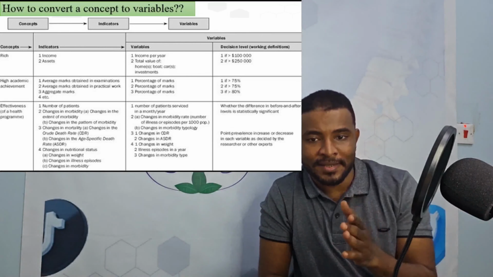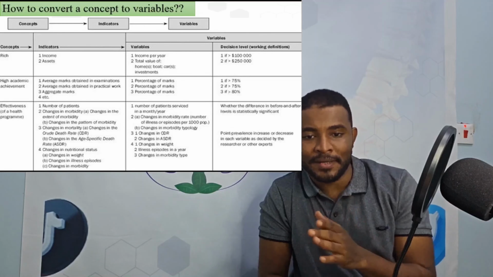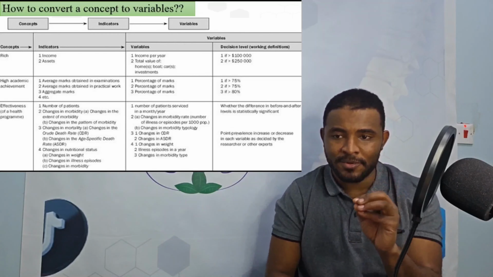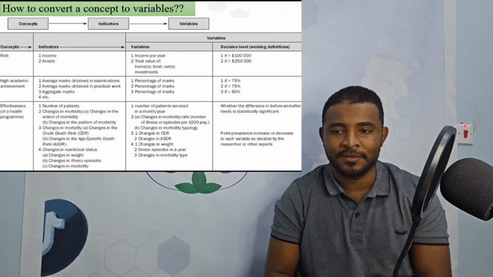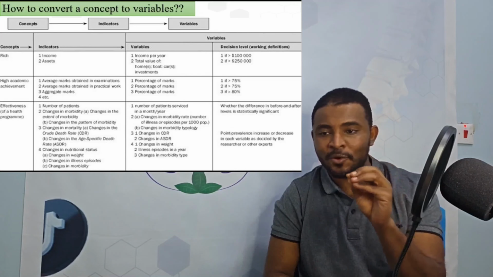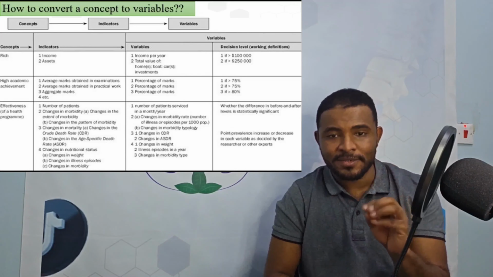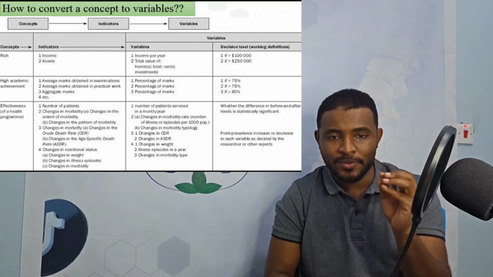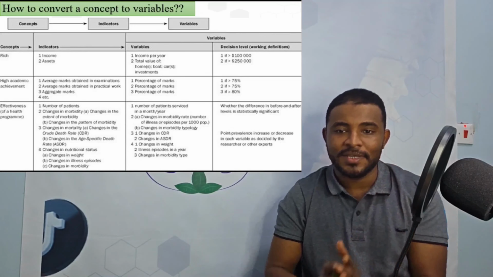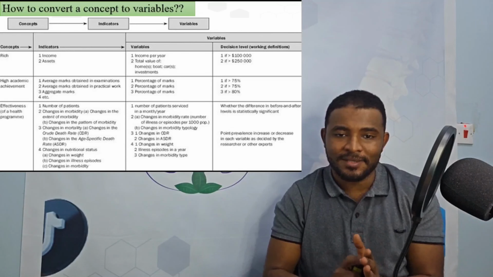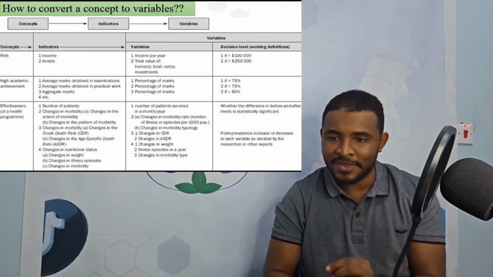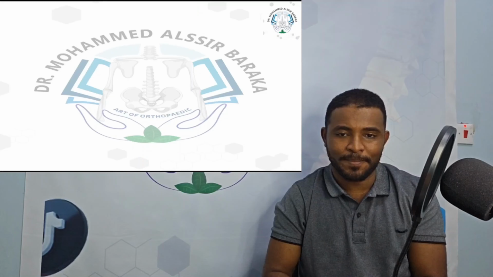Then you translate this to income per year, per month, or per day. Please revise this table by the end of the lecture; you can stop the lecture and look at it. To convert your concepts to variables, first put a concept in your mind, then put indicators for it, then translate the concept plus indicators to variables. Then you can measure everything.